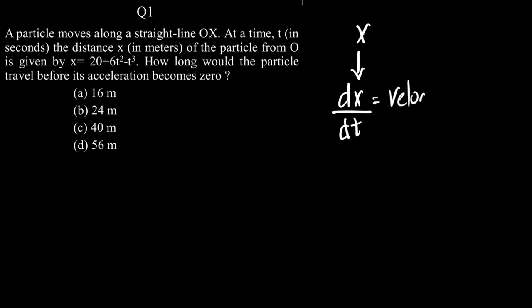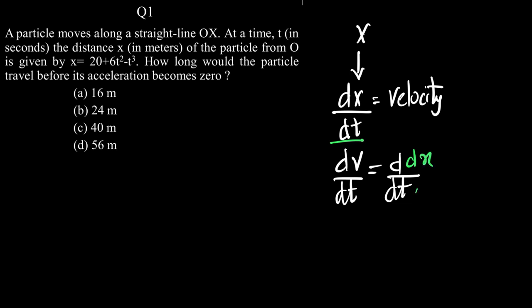You get velocity. When you differentiate velocity with respect to time, which is basically dx by dt, what do you get? You get the next term, which is acceleration, right?